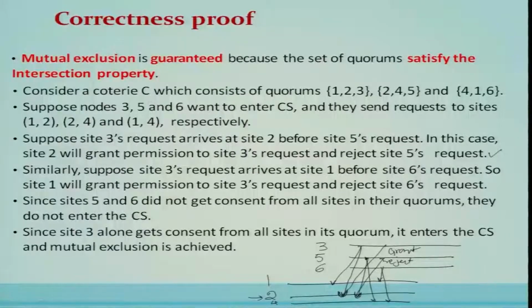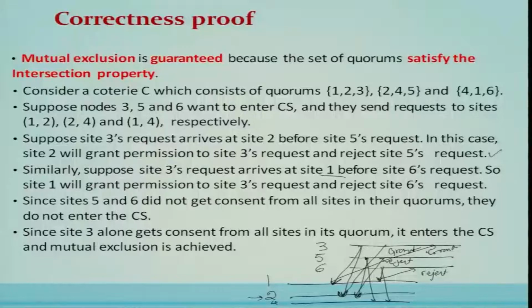Similarly, site 3's request arrives at site 1 before site 6, so it will send a grant and reject site 6.